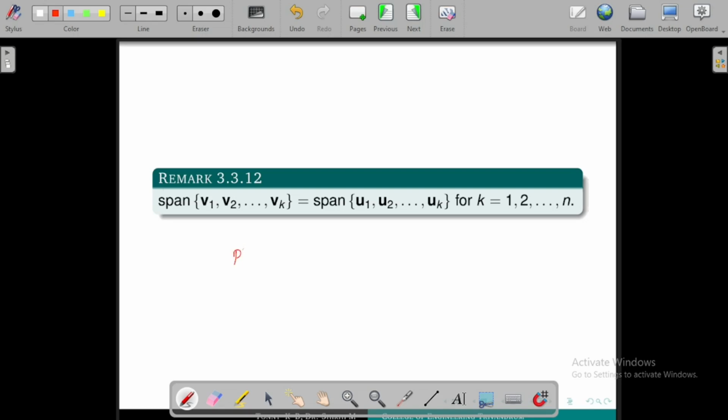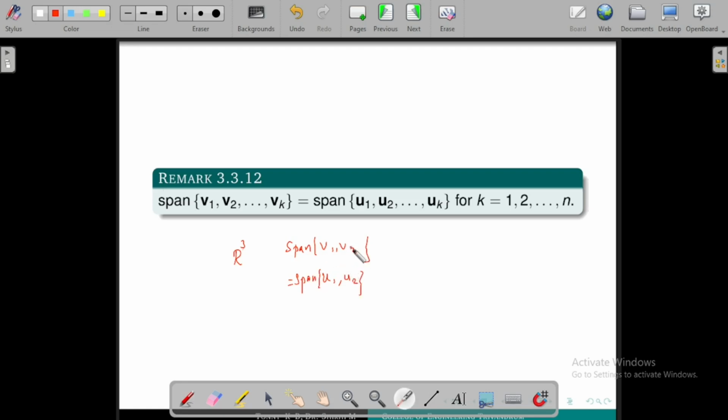For example, suppose the vector space is R3. You have two vectors v1, v2 in R3, and by the Gram-Schmidt orthonormalization process, we constructed the vectors u1, u2. The result says that the span of v1, v2 is equal to the span of u1, u2.